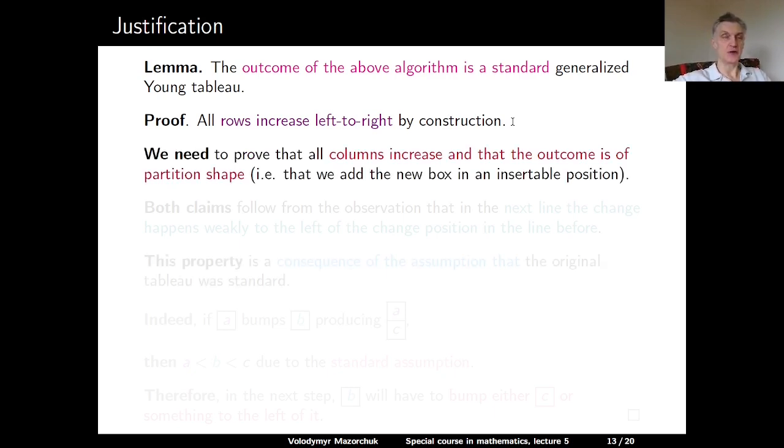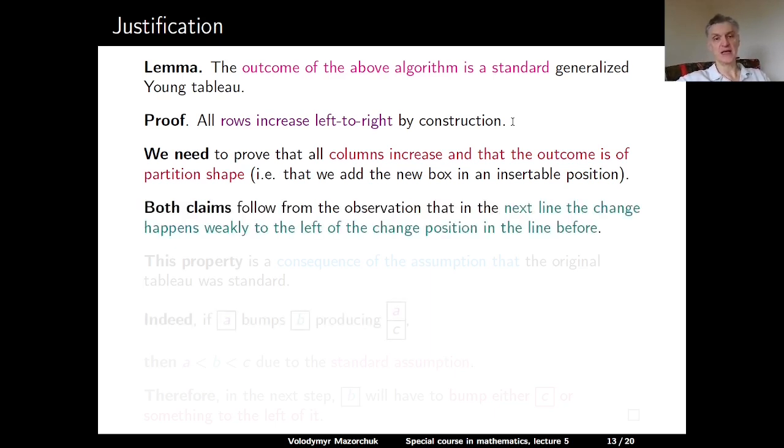So we need to prove that all columns in the outcome will also increase and that the outcome is a partition shape. And both these claims follow from the observation that in the next row the change happens weakly to the left of any change done in some row k at the k-th step of the algorithm. And this property is a consequence of the assumption that the original tableau was standard.